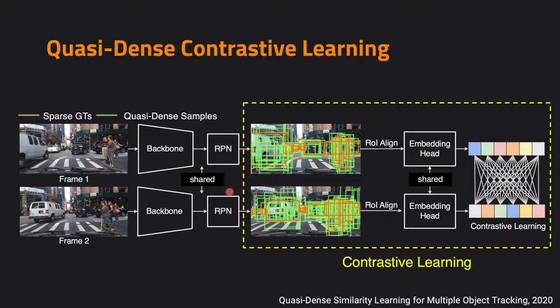This can be naturally integrated with the Faster RCNN framework. So we can extract those informative regions from the region proposal network, and then send them to the embedding head to extract the features, and then learn the similarity and dissimilarity between those proposals.